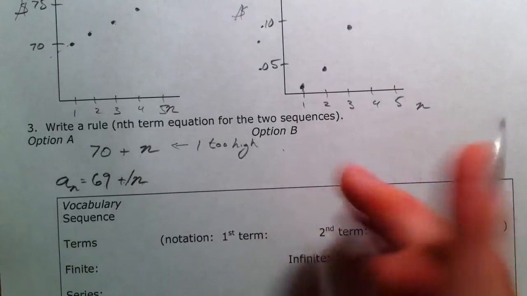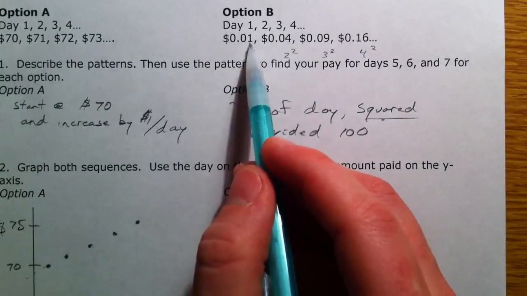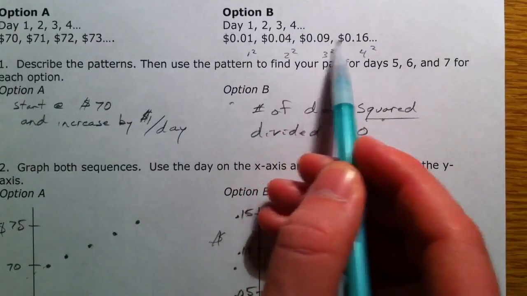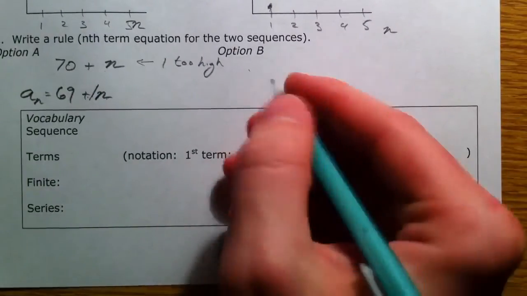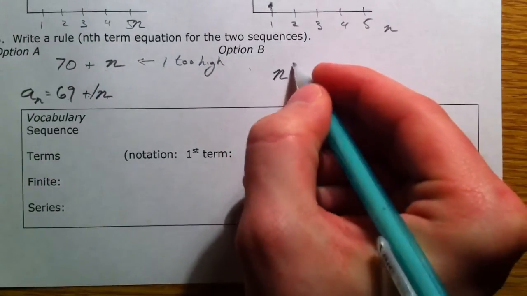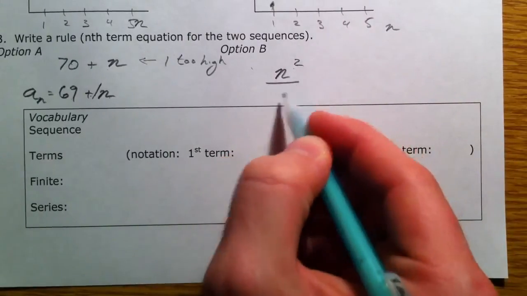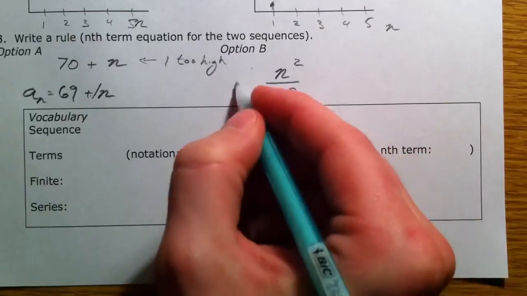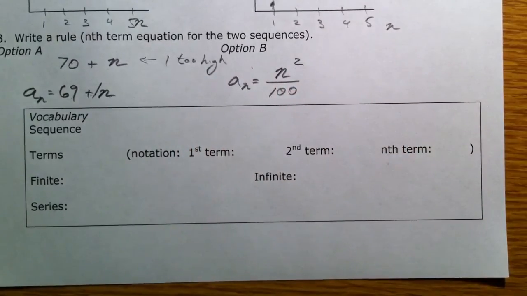Option B. Remember how we talked about how it was 1 squared, 2 squared, 3 squared, 4 squared. And so that's whatever term you are, so whatever n is, squared, and then divided by 100, or times one hundredth. And so our a sub n term is n squared over 100.